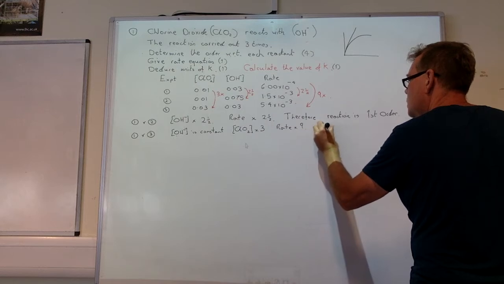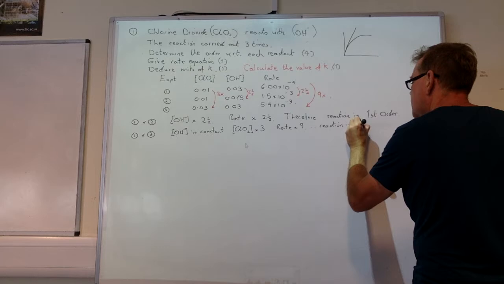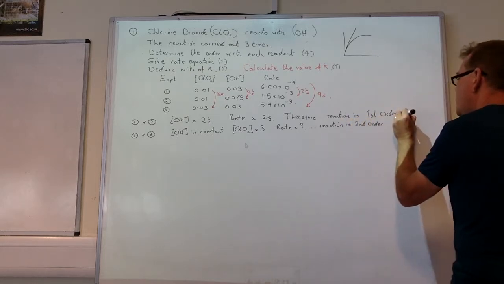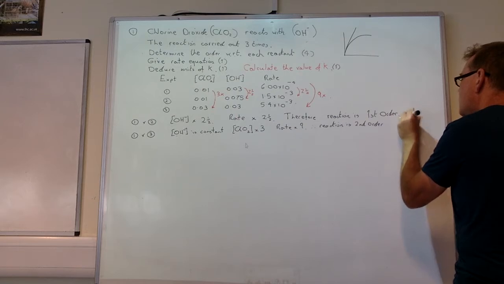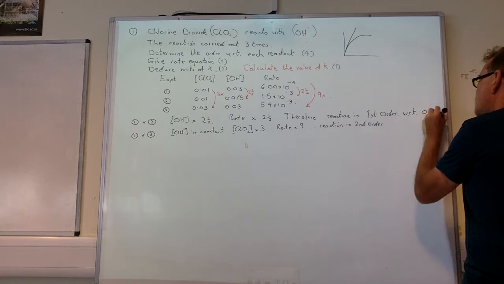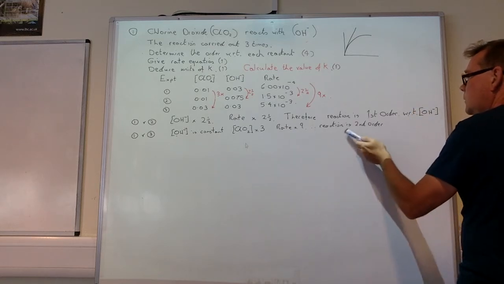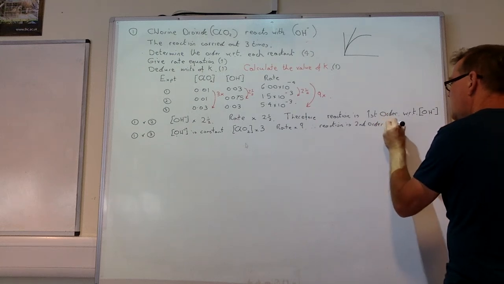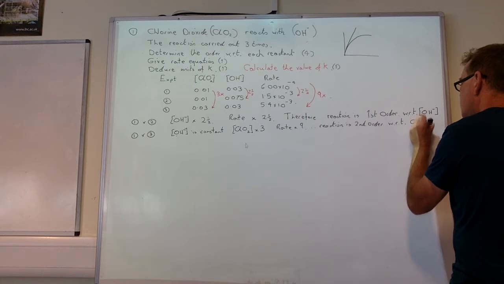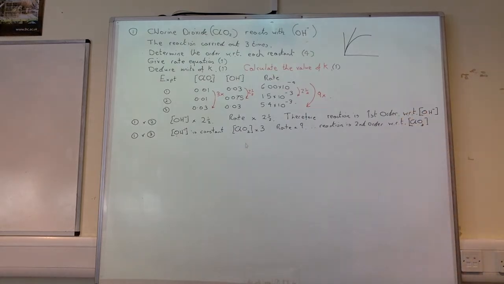Therefore, reaction is second order. With respect to, I like that phrase, it's a bit old school, but it tells the examiner exactly what they're talking about, that concentration. Reaction is second order with respect to that. Okay? That's how you answer it.